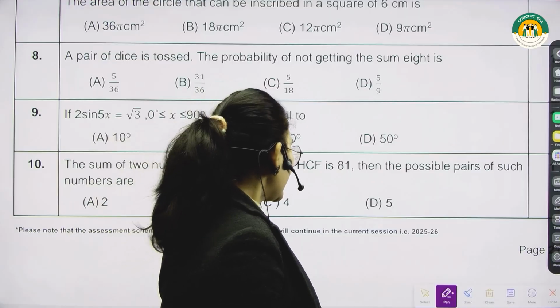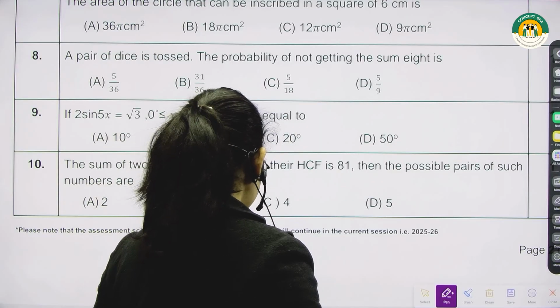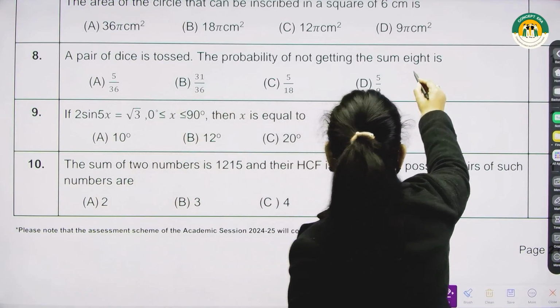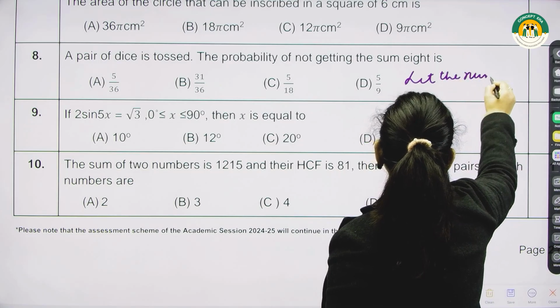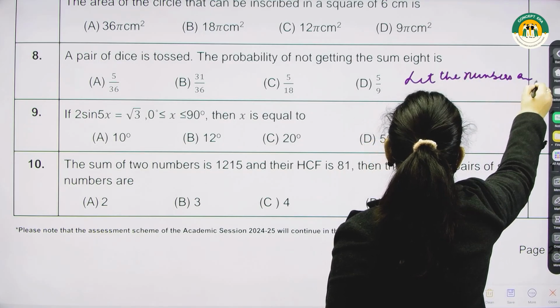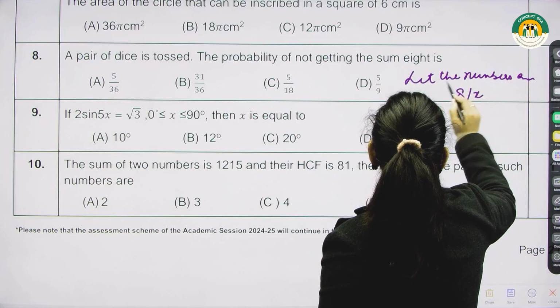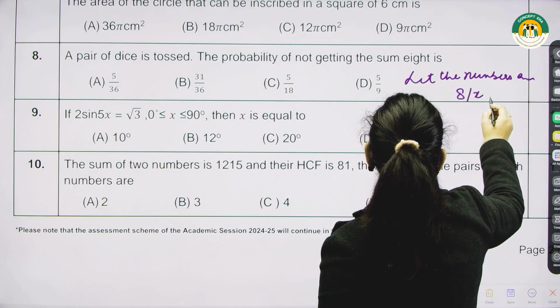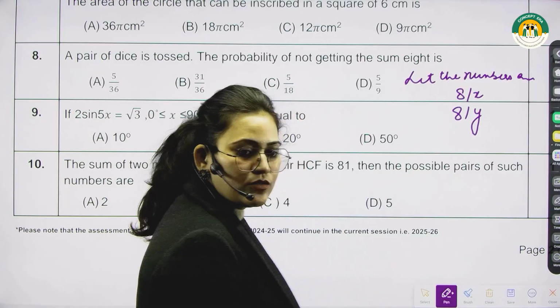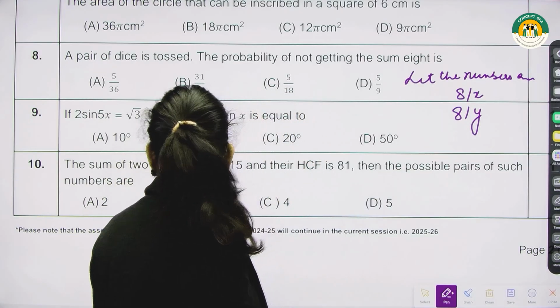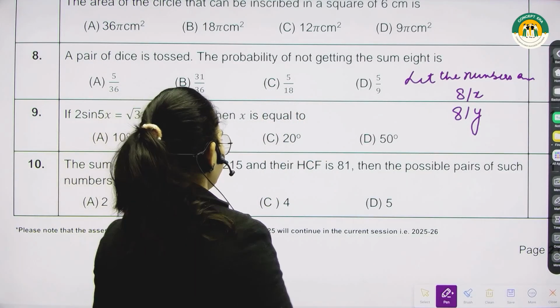So x and y are co-prime numbers, and so let the numbers be 81x and 81y. So according to the question, the sum of both the numbers is 1215.